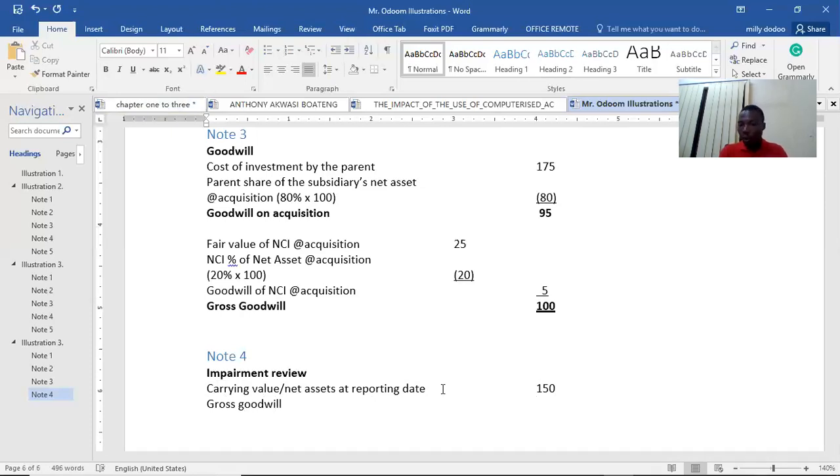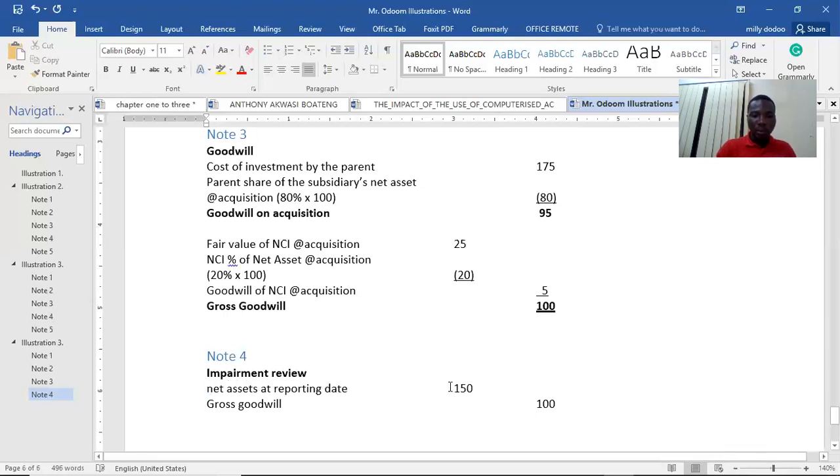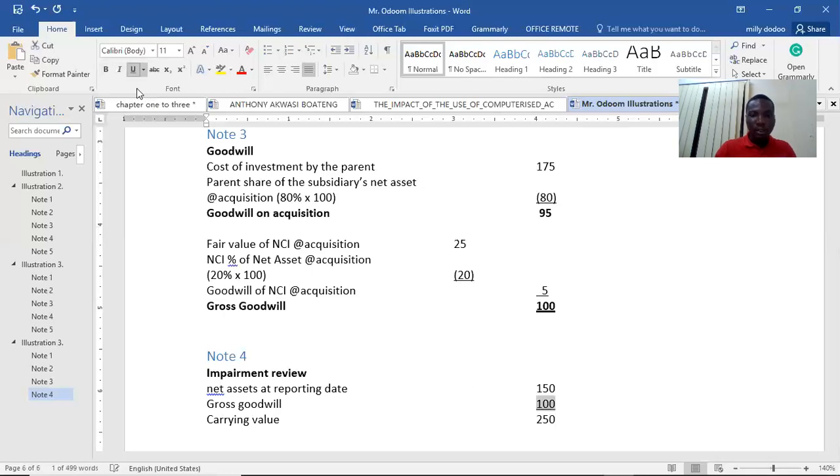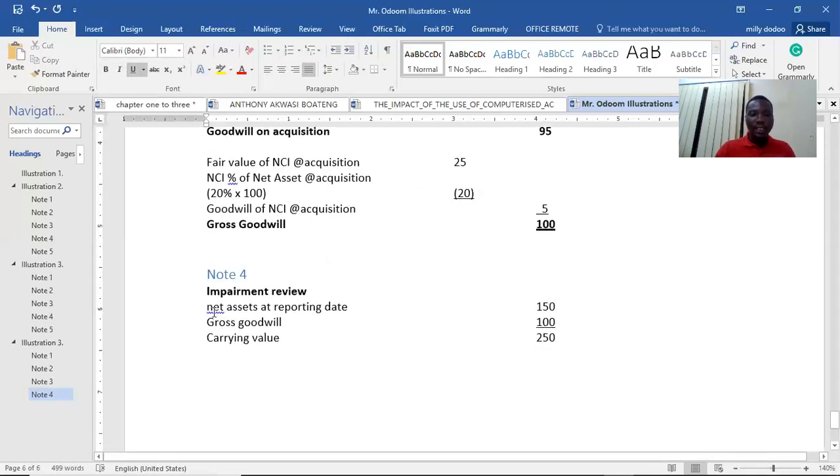Now, there was a goodwill, so we add it to it. Let me put it this way so that it will make sense, so that what I get here is my carrying value. So my carrying amount is 250. When I add this and this, I get 250.